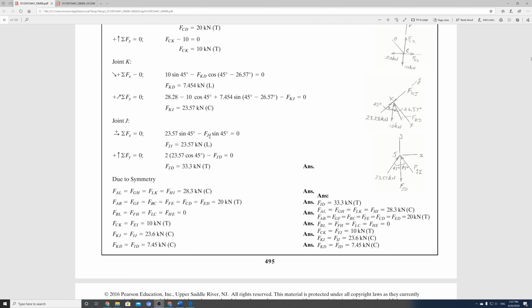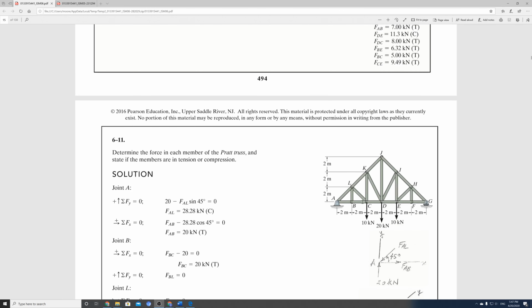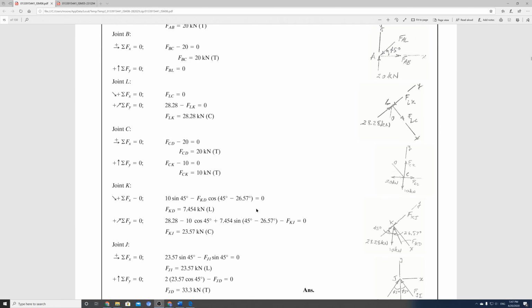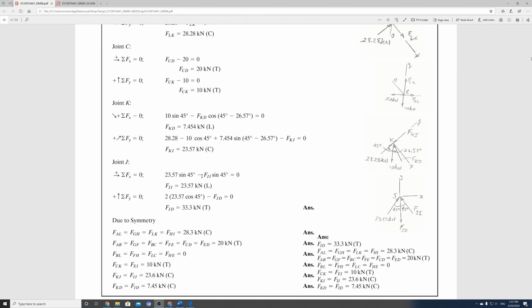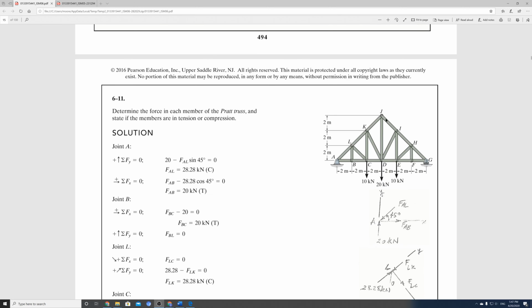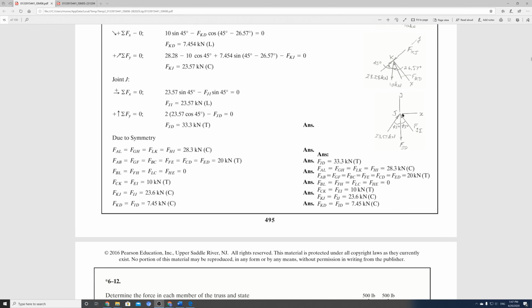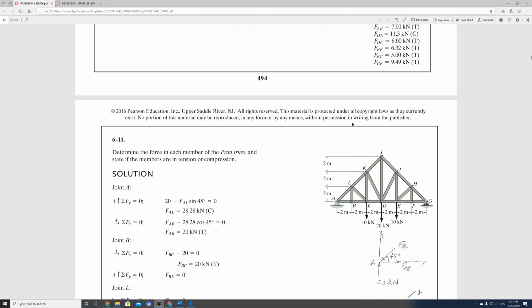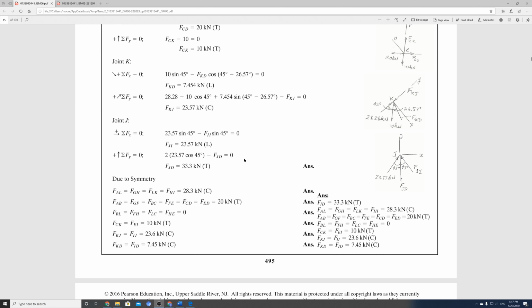What you'll recognize right off the bat is that it's sine of 45 because the angle is the same. It's still the same up here for this large triangle. And FJI is also the same thing. If you drew it off, you'll see in the diagram it's at 45 degrees also. We would have expected FJK to be the same magnitude as FJI, because of symmetry. So that's 23.57.